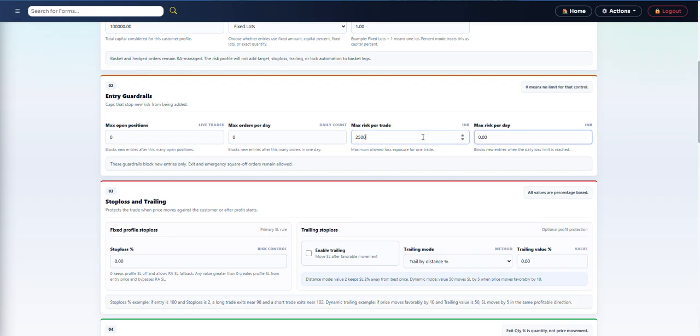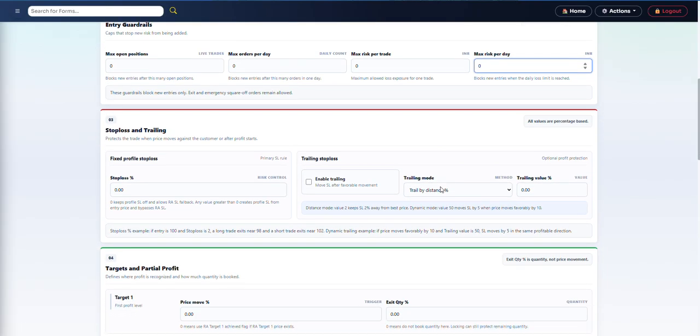With max risk per day, let's say you put 10,000 rupees, then if you include all the trades and make a loss of more than 10,000 rupees, it will stop your trading for the day, exit all the positions, and not take any further positions in your account.